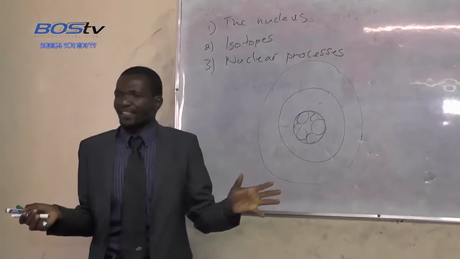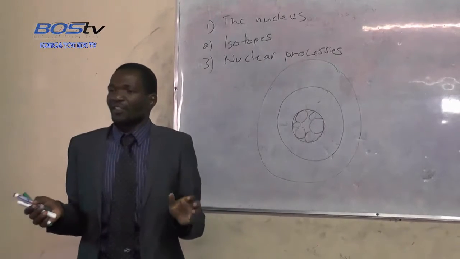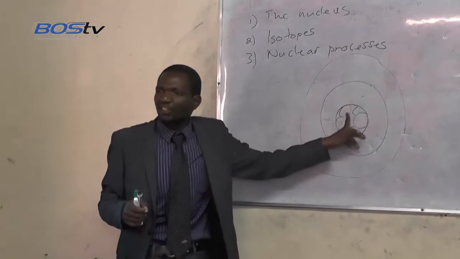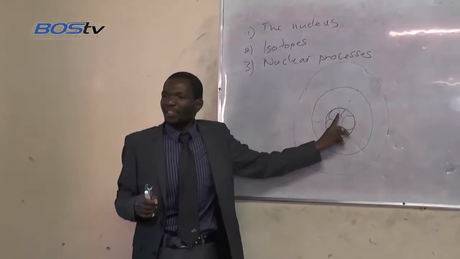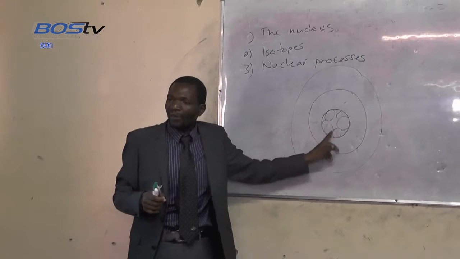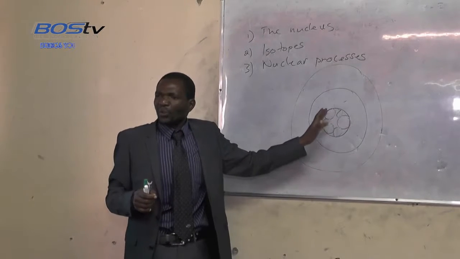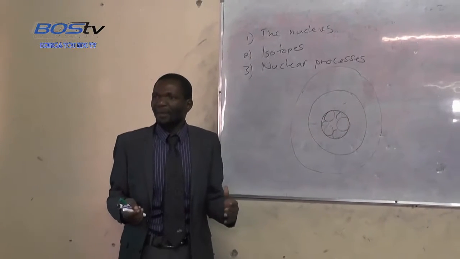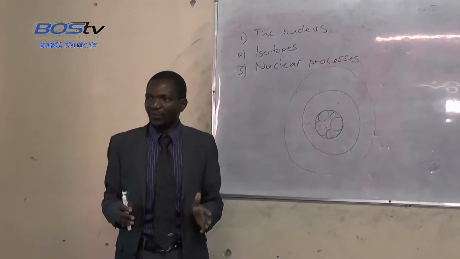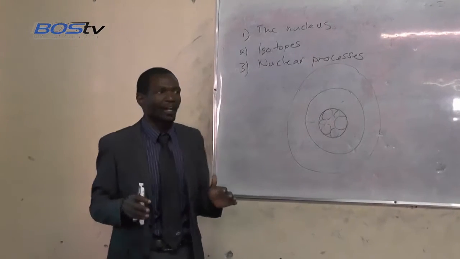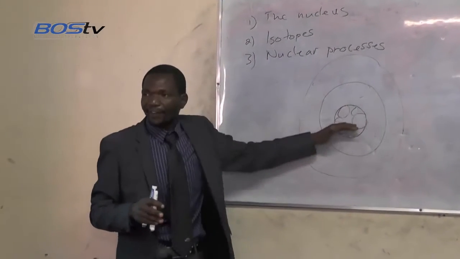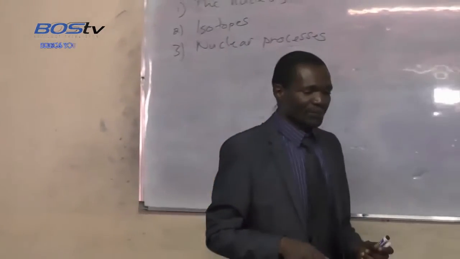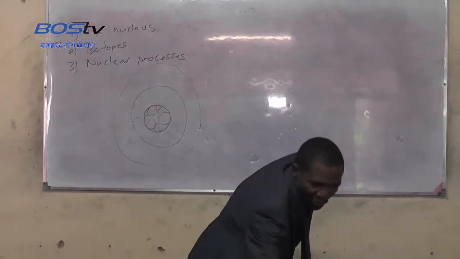So common sense is that if we add up the masses of the individual nucleons, we would expect them to equal the total mass of the nucleus they are making. But it's different. Are we together? So we want to find out why it is different.